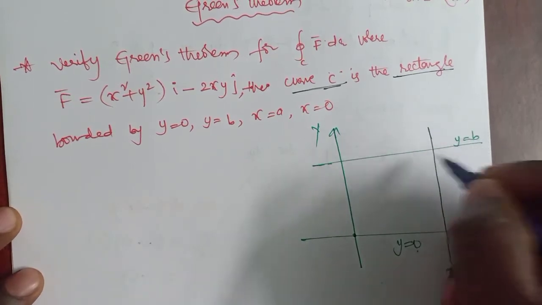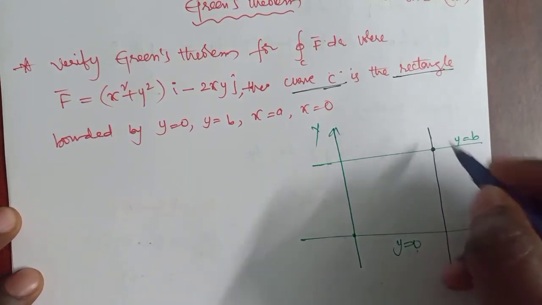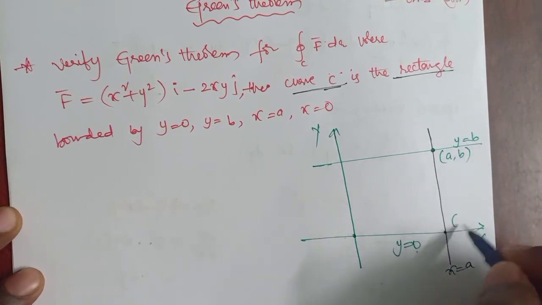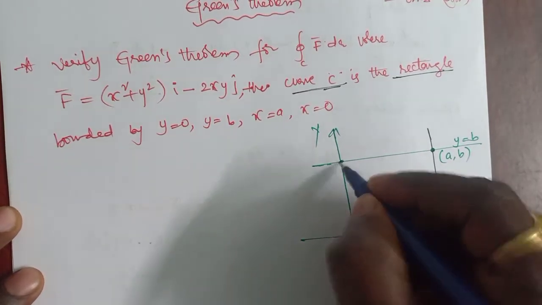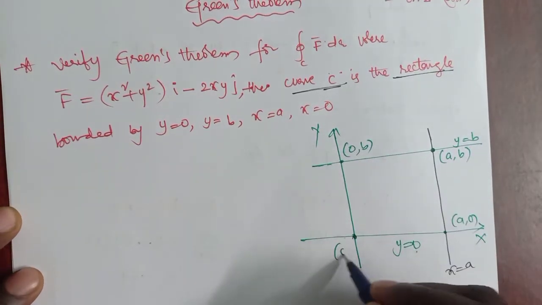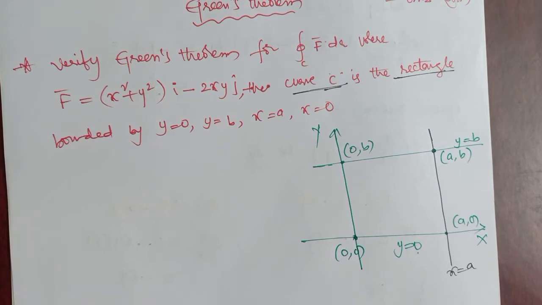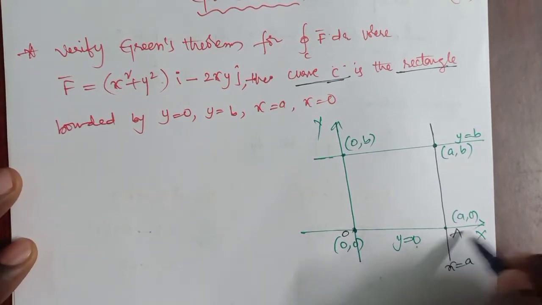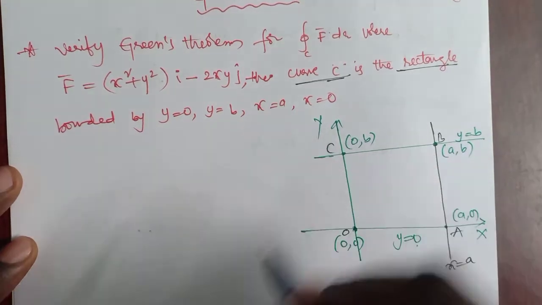The points are (a, b), (a, 0), (0, b), and finally (0, 0). So we have 4 points: O, A, B and C.